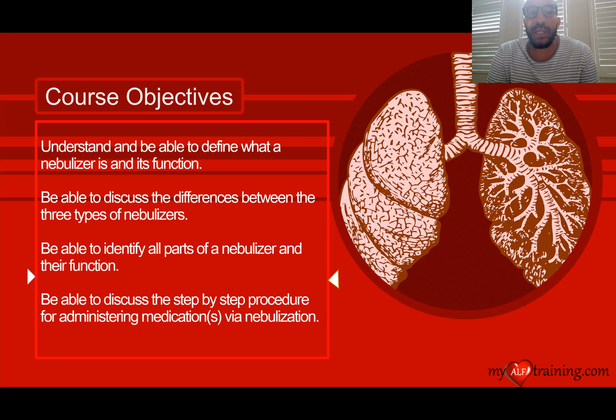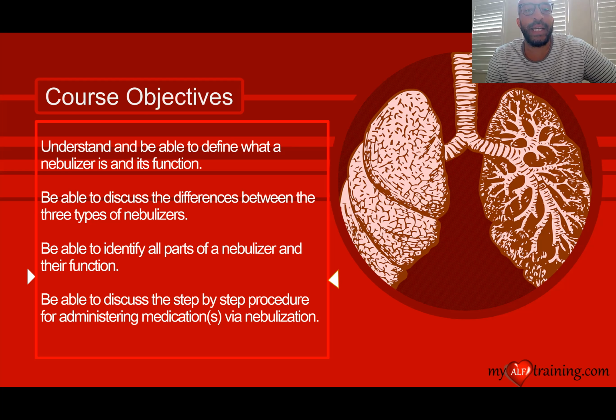You'll also be able to discuss the differences between the three types of nebulizers. We'll touch on that a bit, just small changes between them, because you don't know what kind of nebulizer you are going to encounter in your practice. And we have to be prepared for anything, right?